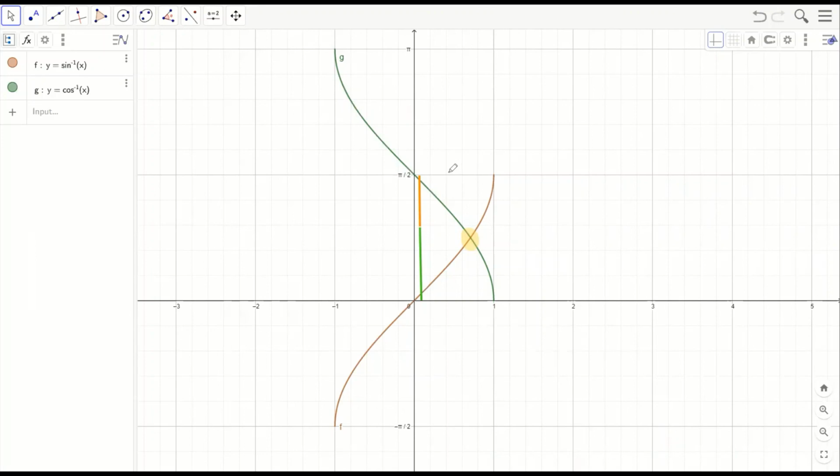Now you might be thinking, well, what about the left-hand side? Well, this is the key. Those are negative measurements on the arcsine graph. So if I just show you what I mean there, if I take the distance from 0, let's say from this point here, and we'll measure the distance from y equals 0 to y equals arcsine x, that's about there.